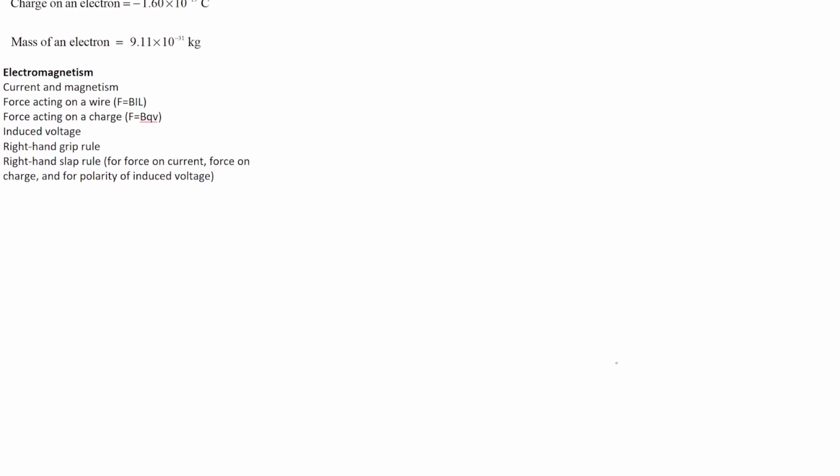Alright, so current and magnetism. You may know, if we have a current flowing through a wire, it creates a magnetic field around it. In this simple example, it would be using the right hand grip rule.